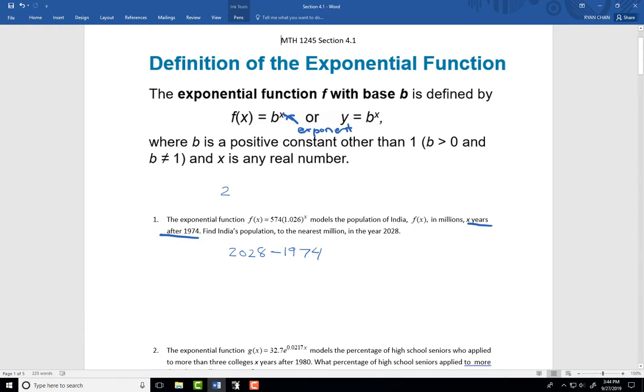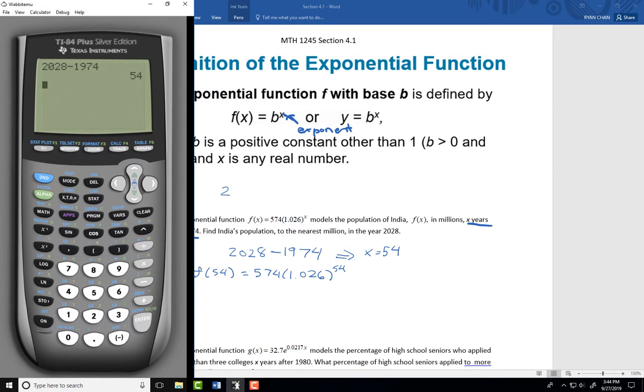This is 54, so that is my x. So I'm just going to plug everything in. I have f of 54 is equal to 574 times 1.026 raised to the 54th. And then I just throw it in. Just remember you want to do your exponents first.